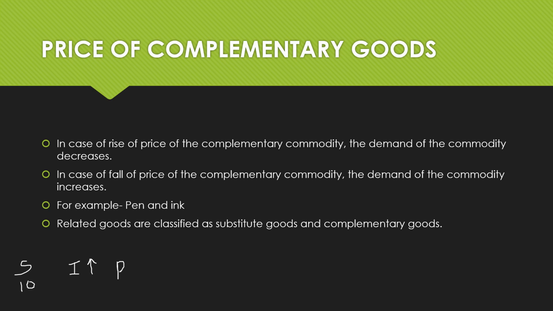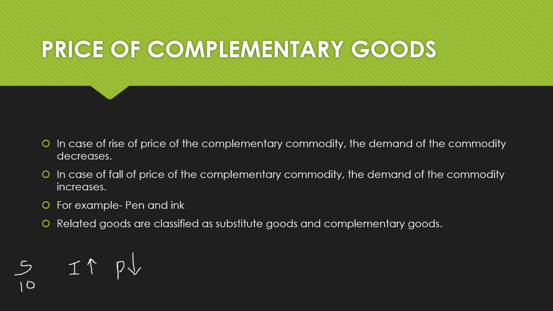When there's an increase in the price of ink, will people demand more pens or fewer pens? They'll demand fewer pens. Why? Because both of these are complementary goods and they're connected to each other. If the price of ink increases, people will think, let us buy less ink.